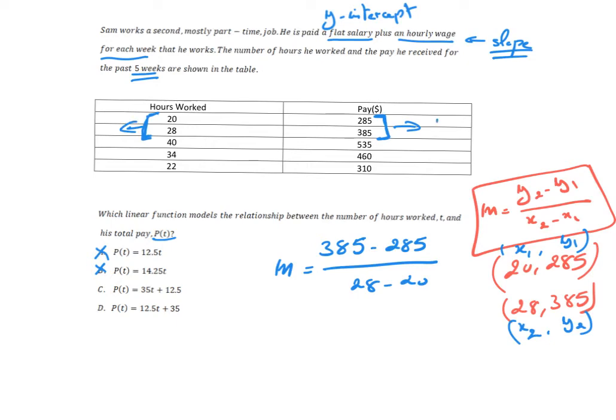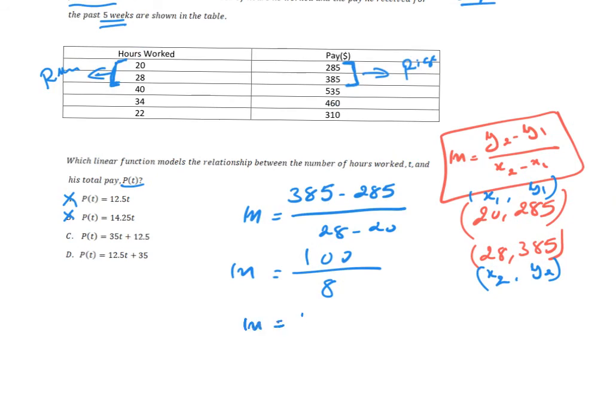So rise over run. So m will be 385 minus 285, which gives me 100, divided by 28 minus 20, which gives me 8 here.